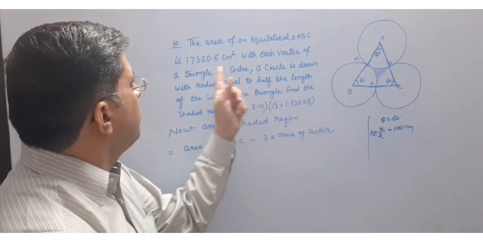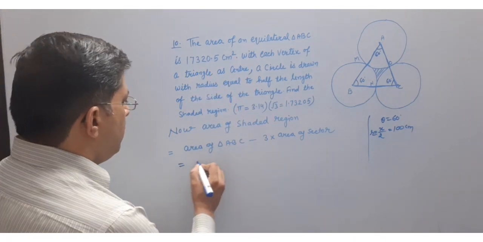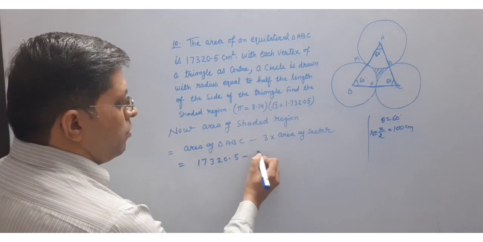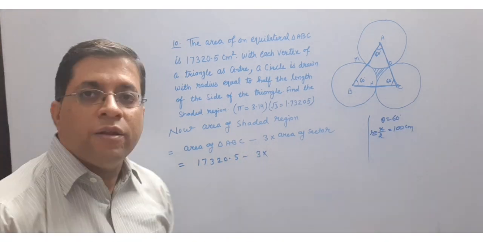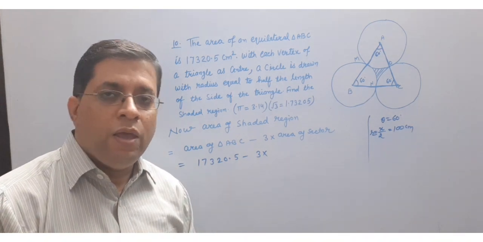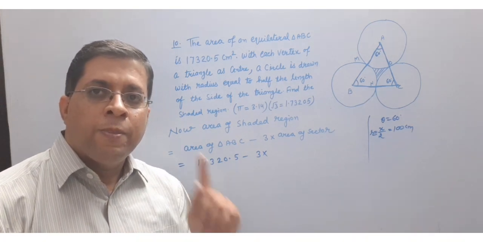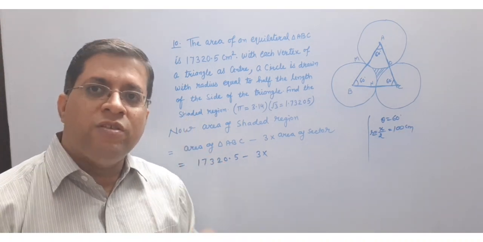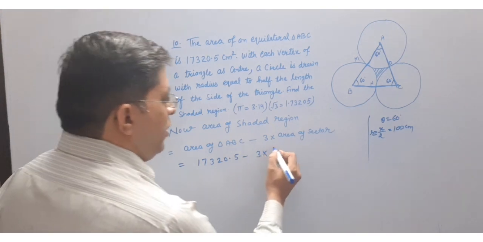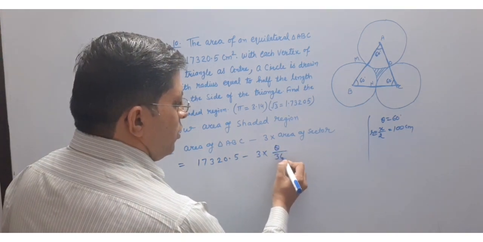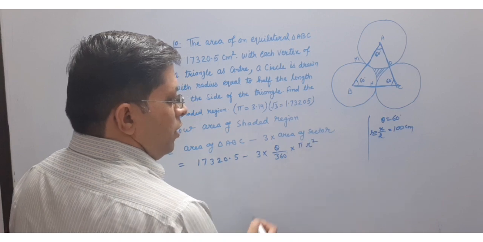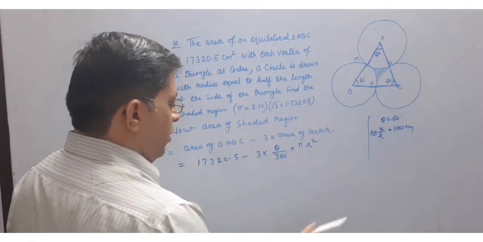What is area of triangle? 17320.5. 3 into area of sector. What is area of sector? Area of sector is theta upon 360 degree into pi r square. Right here. R is what? x by 2, this is 100.